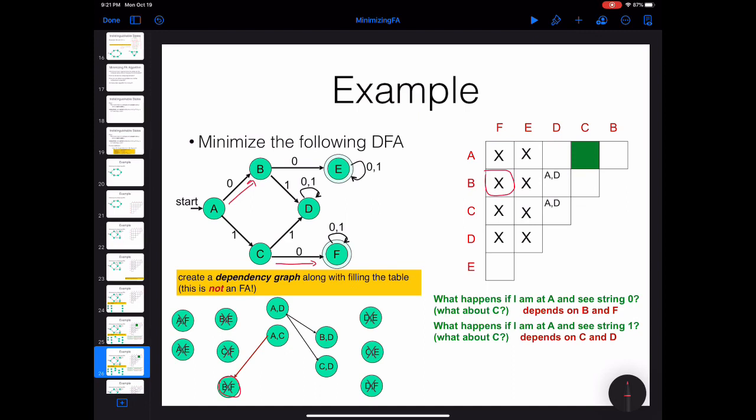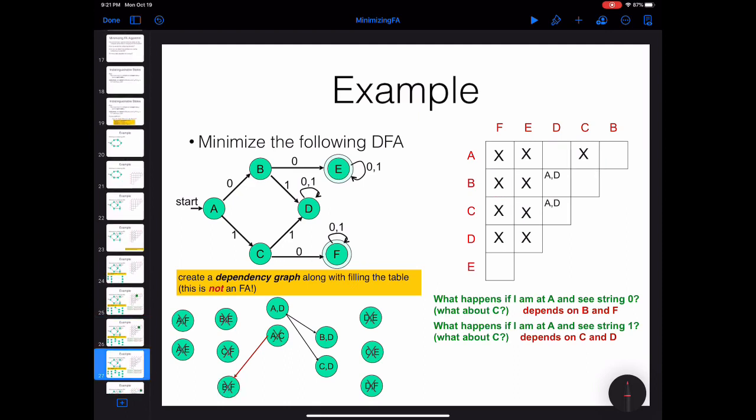That's enough. I don't even need to check the other transition. AC is not equivalent, and I am marking it in the cell as well. You can see in the dependency graph that I have updated this pair as well. So I'm done with this cell.